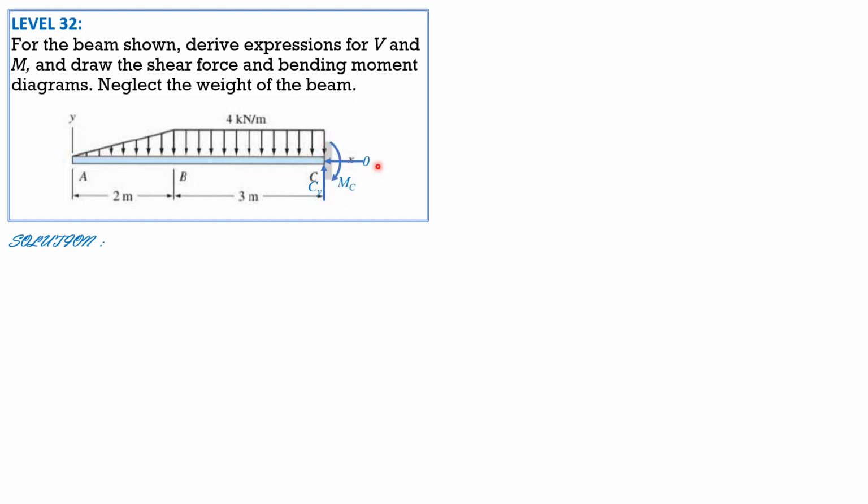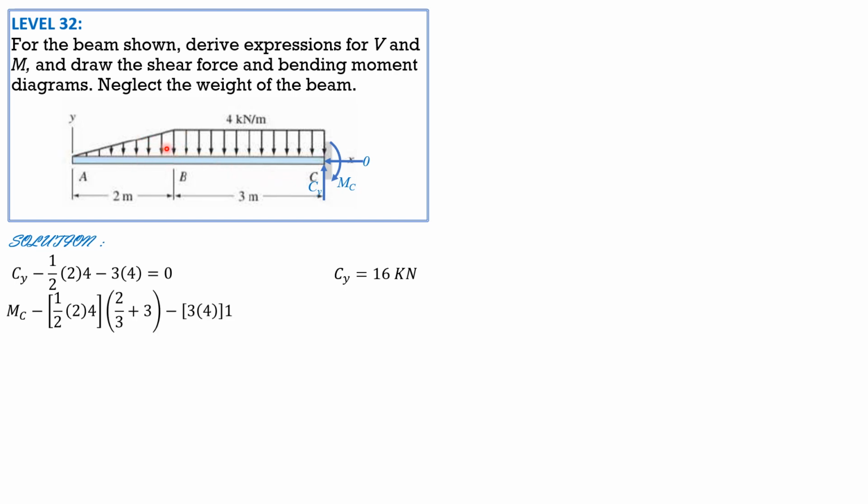So Cx is 0 and moment at C. Summation of forces along y: Cy minus 1/2 of 2 times 4 minus 3 times 4 equals 0. So Cy is equal to 16 kilonewtons. Then summation of moments at C: M sub C minus 1/2 of 2 times 4, the moment arm is 1/3 of 2, or 2/3 plus 3.